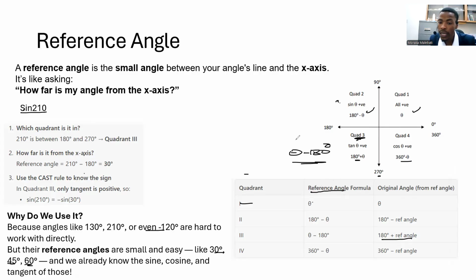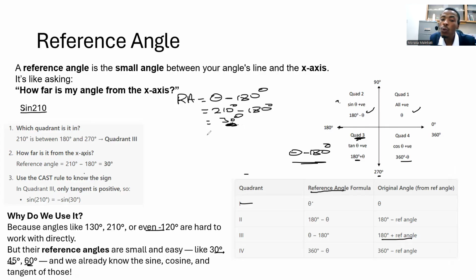In the third quadrant, the reference angle is theta minus 180 degrees. So our angle is 210 minus 180 degrees, which is 30 degrees. This 30 degrees is our reference angle, how far we are from the x-axis.